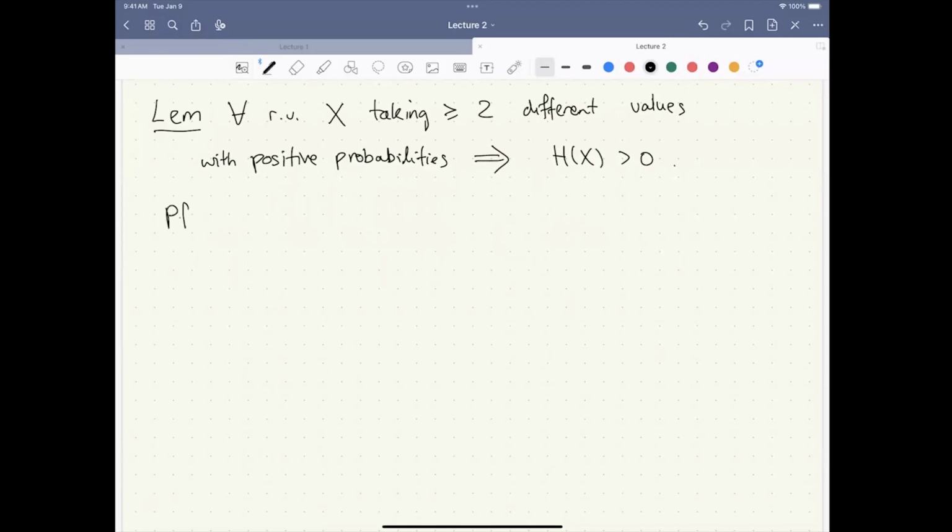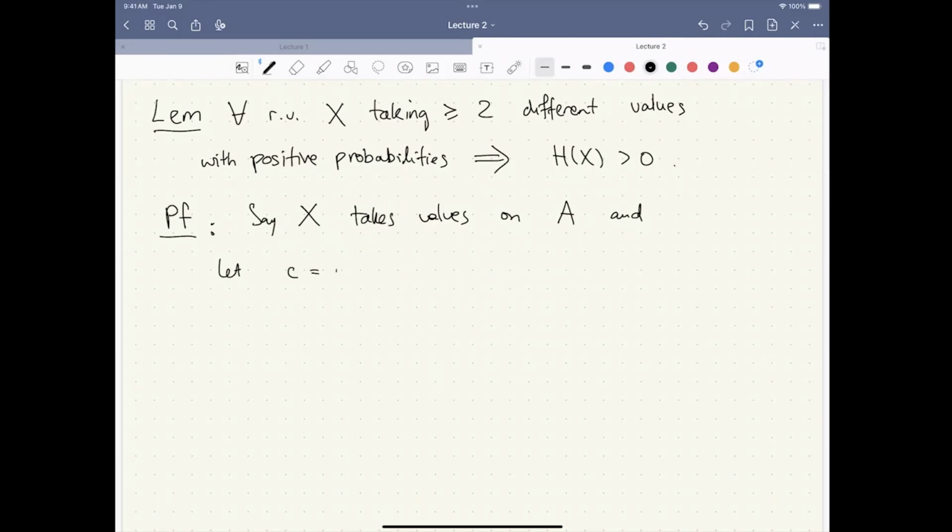Let's see the proof. Well, from the set of axioms, the proof takes a few steps. So let's say X takes values on A. And let's define the maximum atom probability.